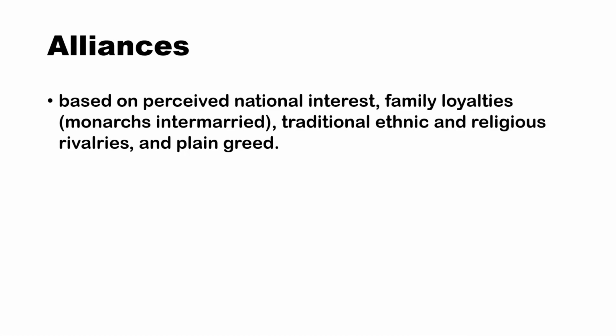Alliances were another main cause of World War I, and these were based on perceived national interest, family loyalties. Remember, those kings and queens intermarried their kids all over Europe, and traditional ethnic and religious rivalries, and plain greed. So, countries all over the world, particularly in Europe before World War I, were lined up in a couple of alliances.